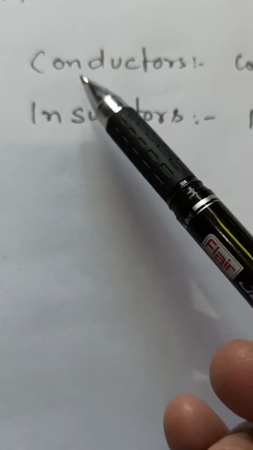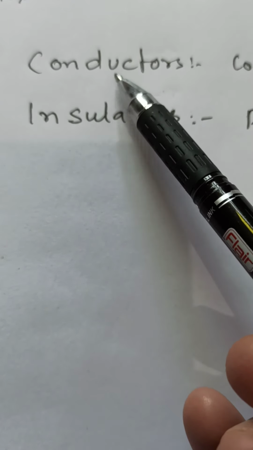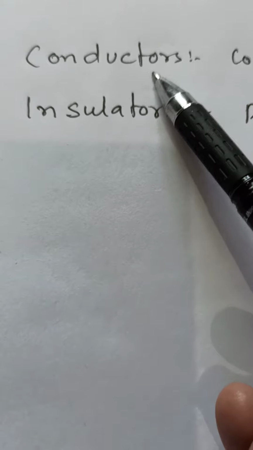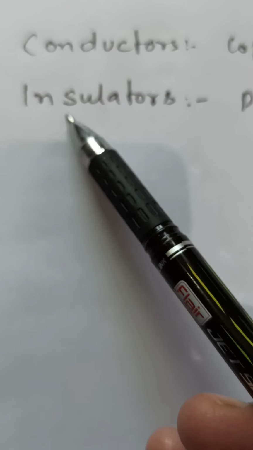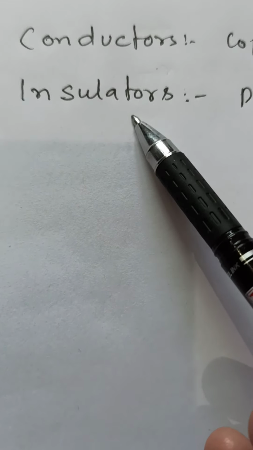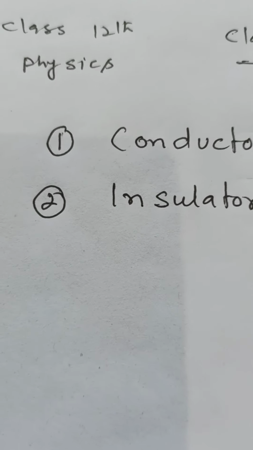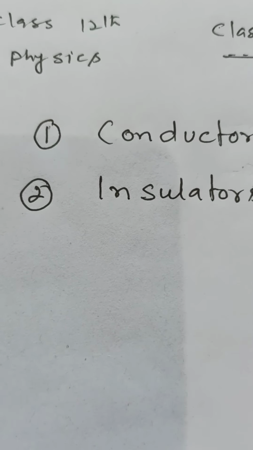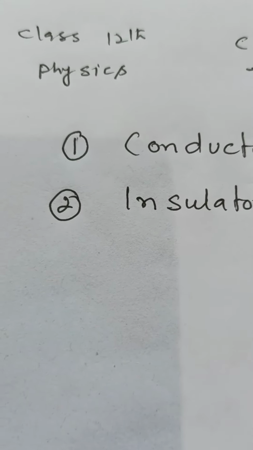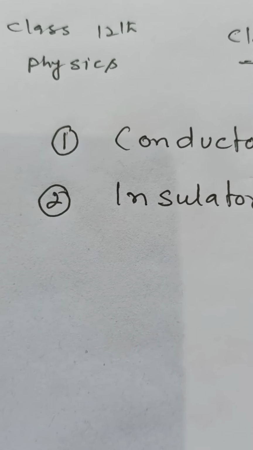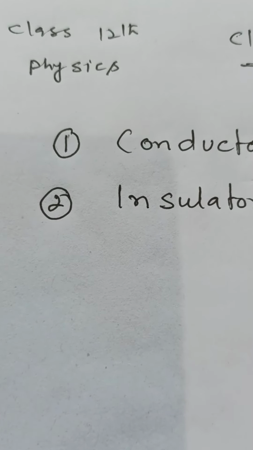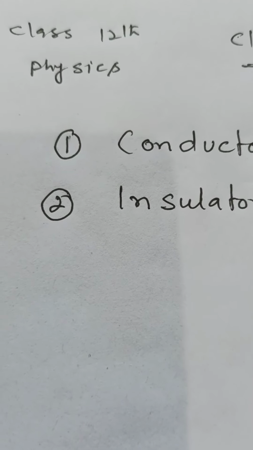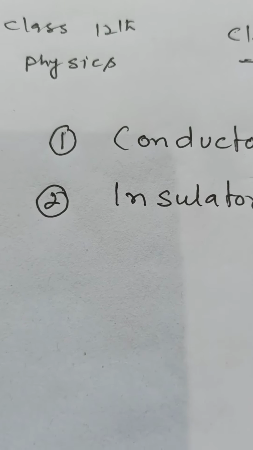So as important as the conductors are, so are the insulators important. Another example is, we cannot hold the charged wire directly by our hand, so we need an insulator to hold it so that it will not damage our nervous system.